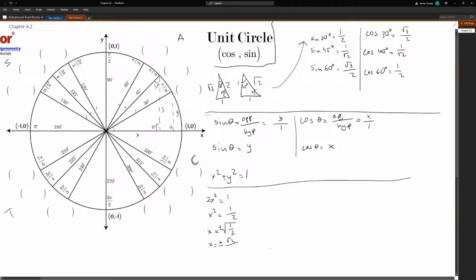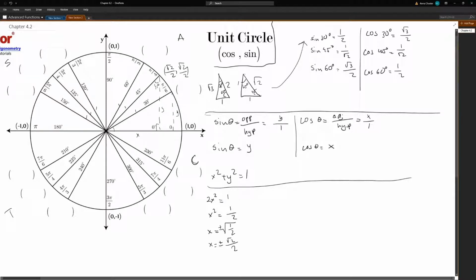So if our x value can be positive or negative, and here it has to be positive, we get square root of 2 over 2 over here. And since the x and y values are the exact same for 45 degrees, this is also square root of 2 over 2.